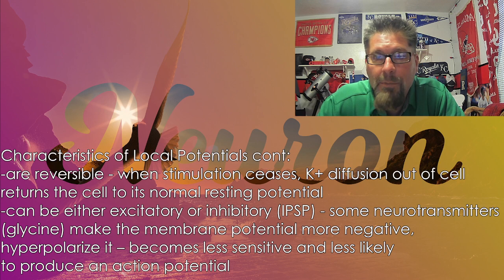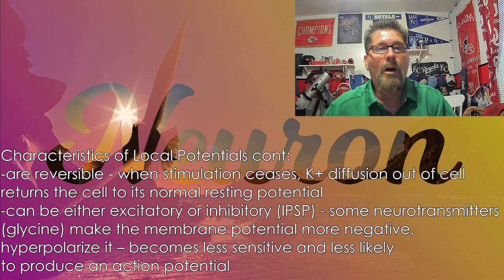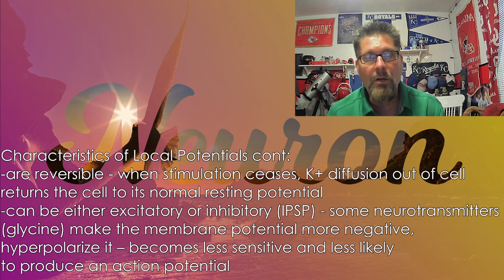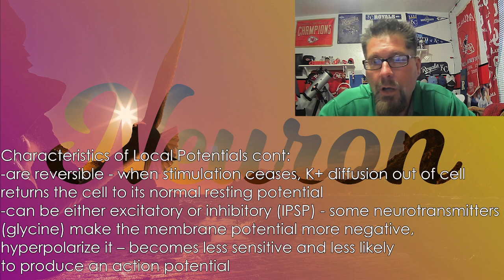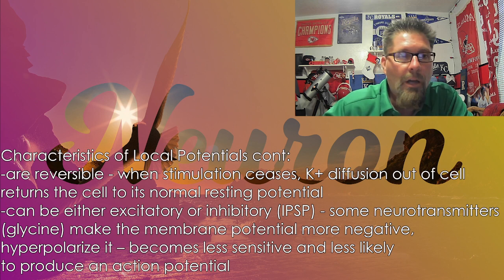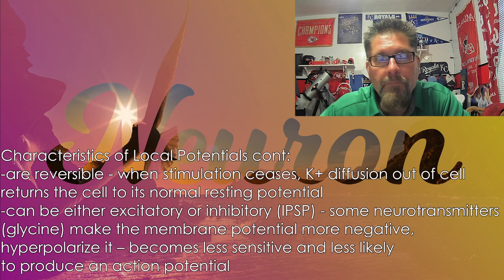In other words, stop the action. And we'll talk about the hyperpolarized. We'll see that here in a little bit, the different sections of the potential. But we'll talk about what that means. That's the last phase, I should say.